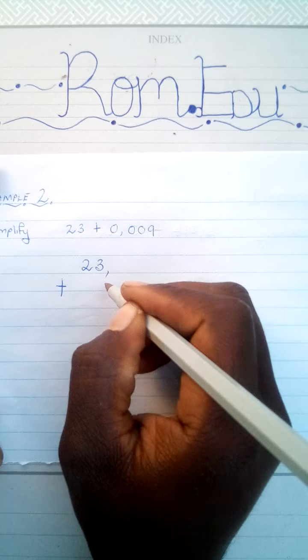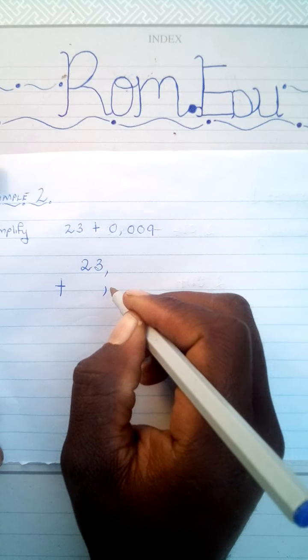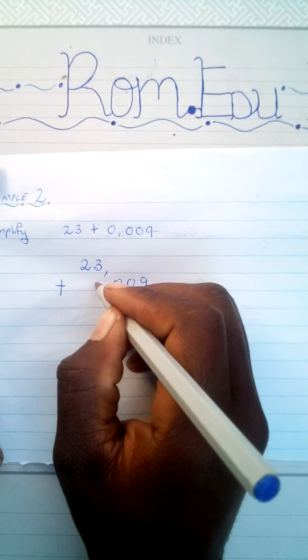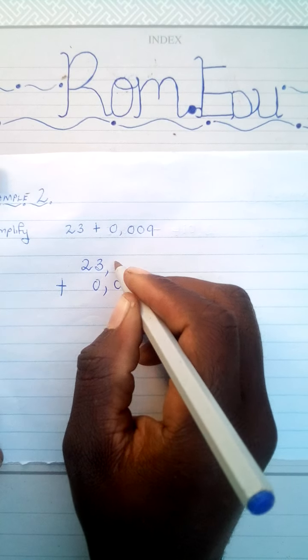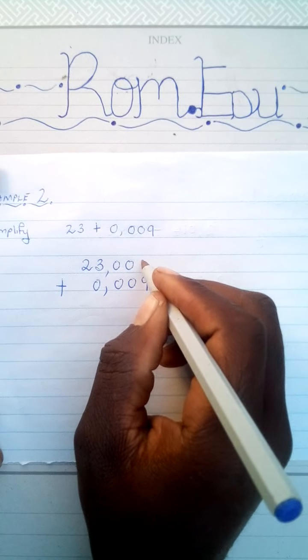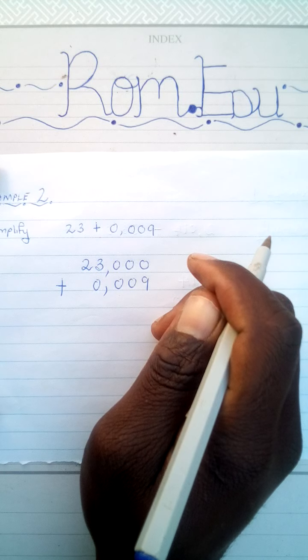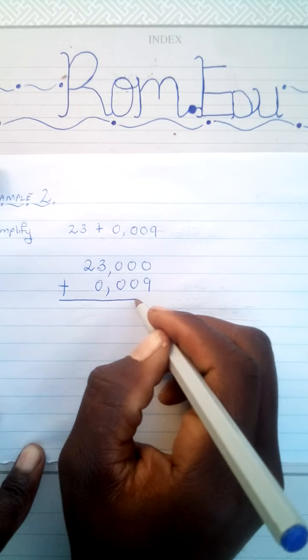I start here with my comma. I write the numbers on the left side of the comma. That's 0, 0, 9 there. Here I'm going to have a 0, which means there's nothing here, so I represent it by 0. Remember, in mathematics, 0 is recorded as a placeholder. Then I underline them.